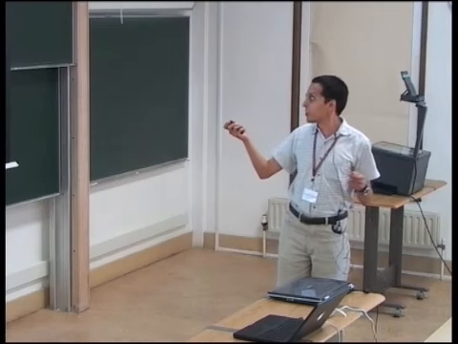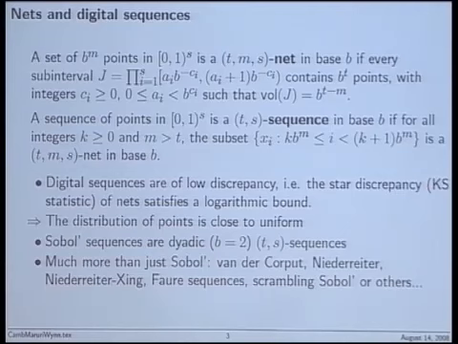Well, just in words, think of the Kolmogorov-Smirnov statistic being as low as possible. That is the distance between the empirical CDF and the uniform CDF. And Sobol sequences are just examples of sequences of points with this property, low discrepancy.